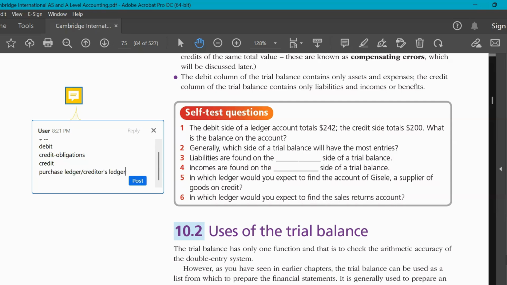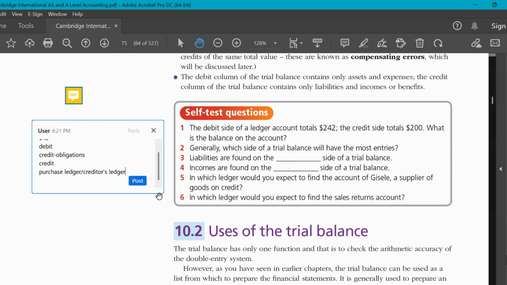The suppliers who sell the goods on credit are what we call the creditors, so their accounts are kept on a ledger, and the name of the ledger is the purchase ledger, which tracks the amounts owed to the supplier.